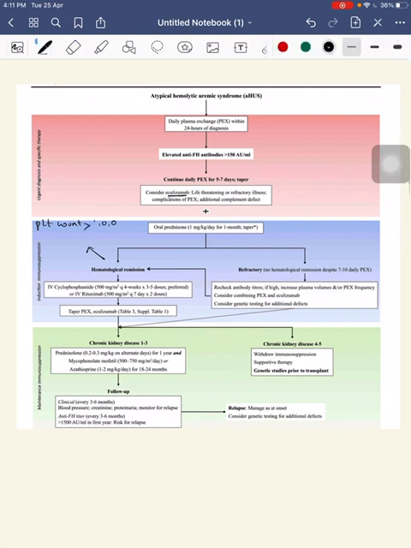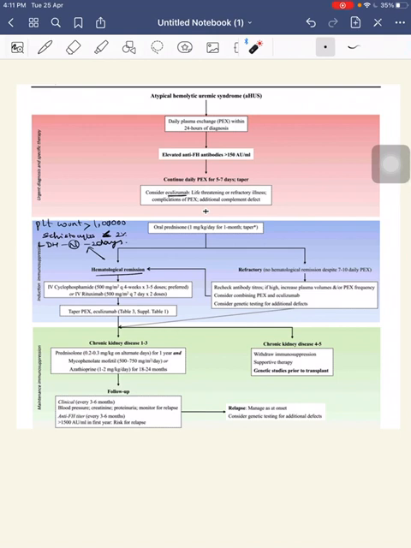When the child has a hematological remission, I have told you the hematological remission is when the platelet count is more than 1 lakh, when the schistocytes is less than 2%, and the LDH level is less than the upper limit of normal for 2 consecutive days. Okay, then it is called as hematological remission.